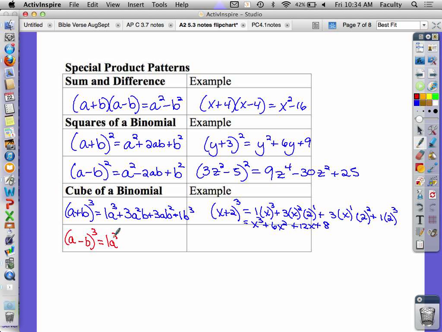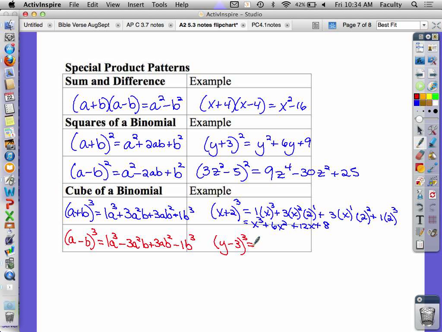Now, the only thing that's different is when you subtract, it just makes the signs alternate. Okay, so an example would be, what if I have y minus 3, the quantity cubed?